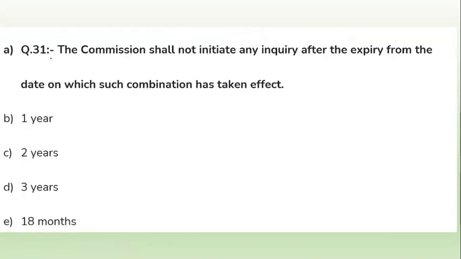Now 31. The Commission shall not initiate any inquiry after the expiry from the date on which such a combination has taken effect. This is also a factual question, so there is no rocket science behind it. Option A is the correct answer, that is 1 year.